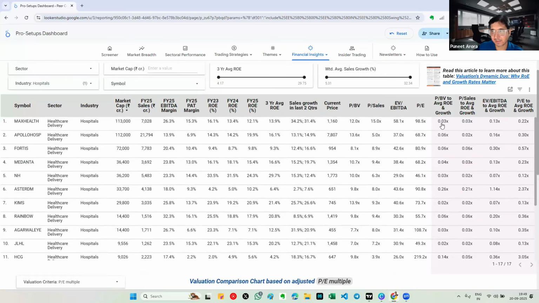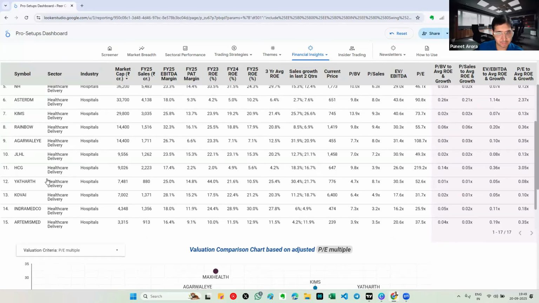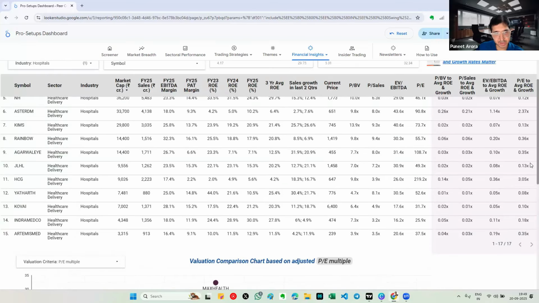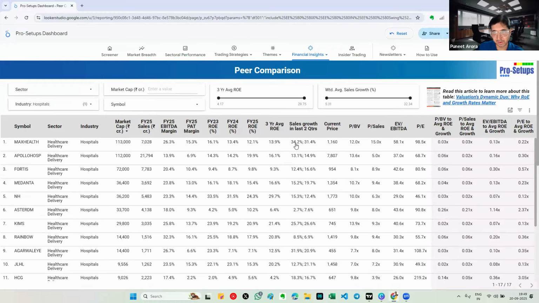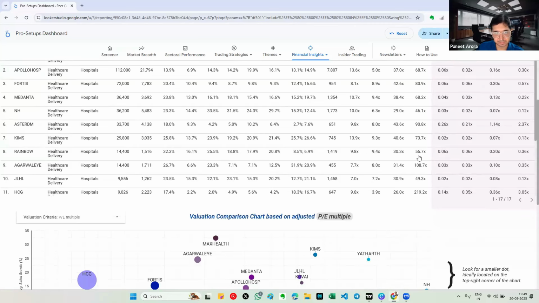Max has a PE multiple of 98. Yatharth has a PE multiple of 52. So compared to Max Health, when Yatharth is growing at 21% or 24% on average and Max Health is growing at 31%, the valuation multiple of 98 is definitely more expensive than a multiple of around 50.